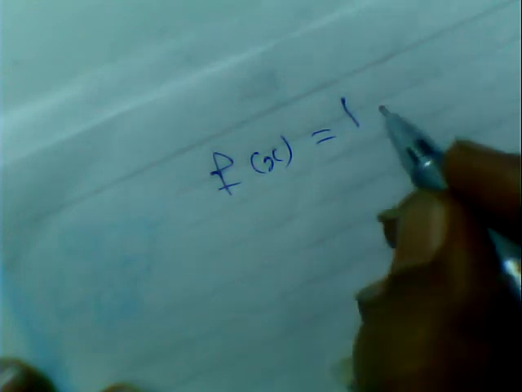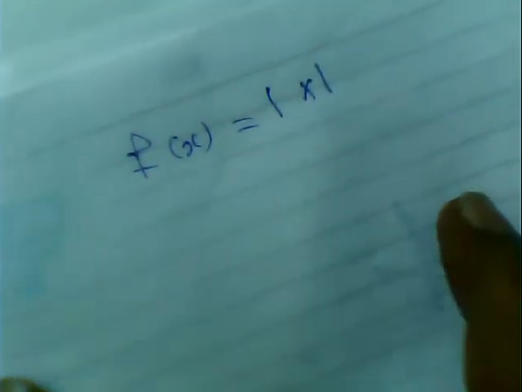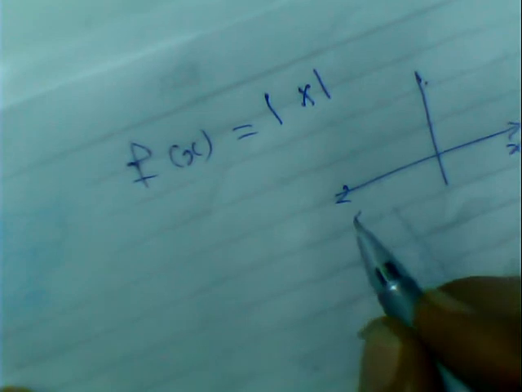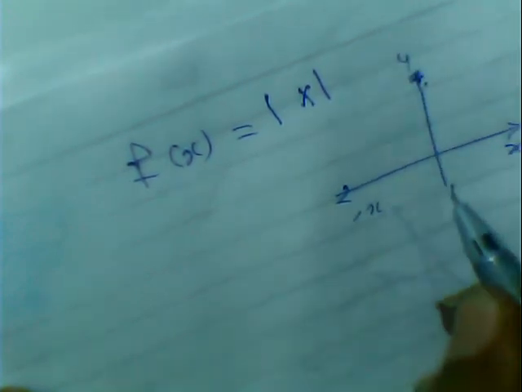Okay, now we teach how to draw the modulus, like f of x equals modulus x. We can draw this with the absolute x, with the axes x minus x and y minus y.